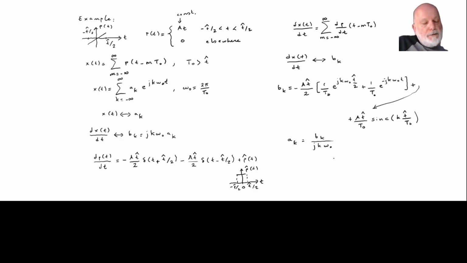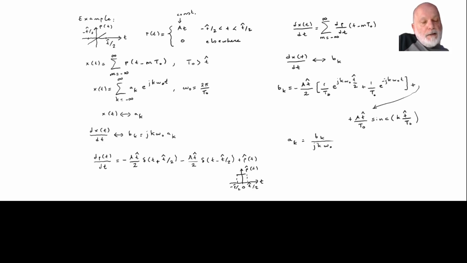Here there is an interesting detail. In the calculation of the coefficients ak, we have division by j k omega 0, and we may have a problem for the case where k is equal to 0.